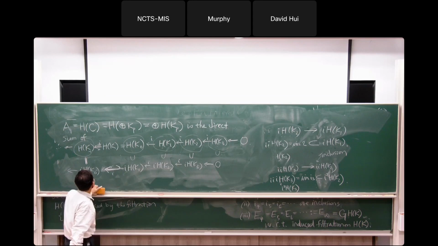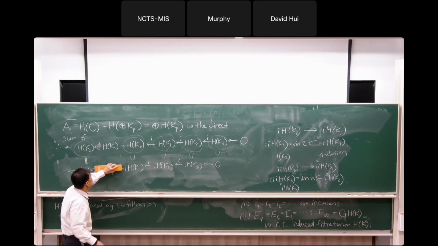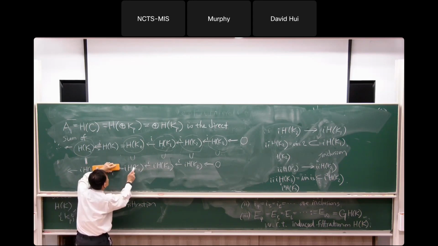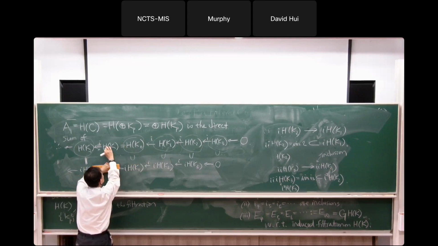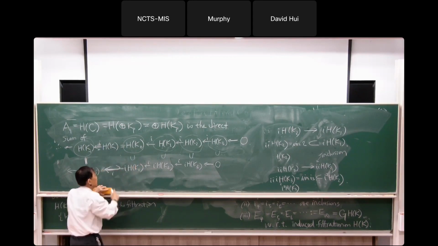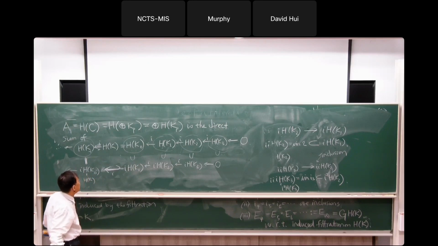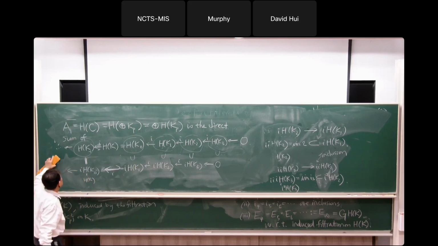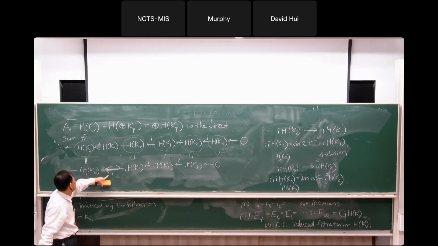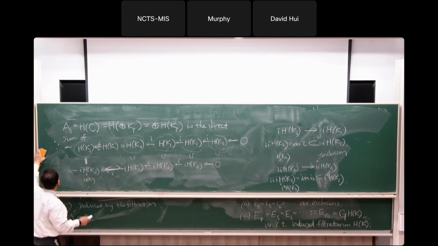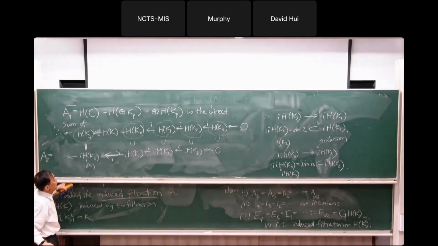We already know that this is an inclusion, but if we didn't, you see, this map is this inclusion followed by equality. So yeah, this is definitely an inclusion, okay? So the second row differs from the first row in that one of the maps has turned into an inclusion. Okay? So A2 is the direct sum of all of these terms.